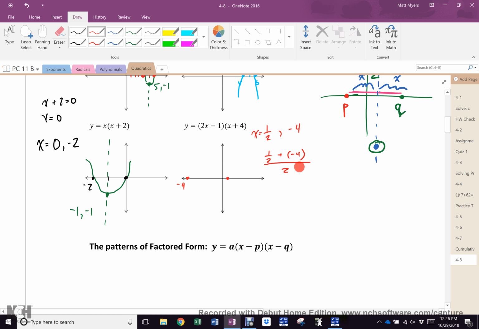What is 1/2 plus -4? -3.5, yes? Everyone agrees? What is that divided by 2? -1.75. Does everyone agree?